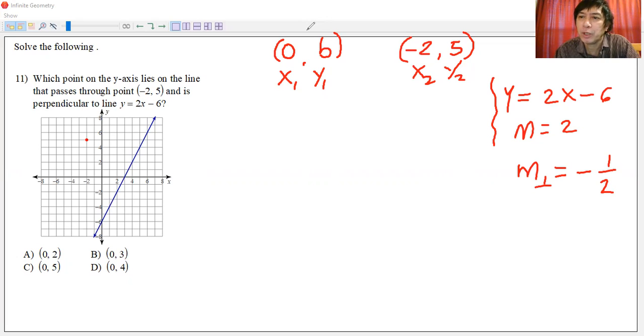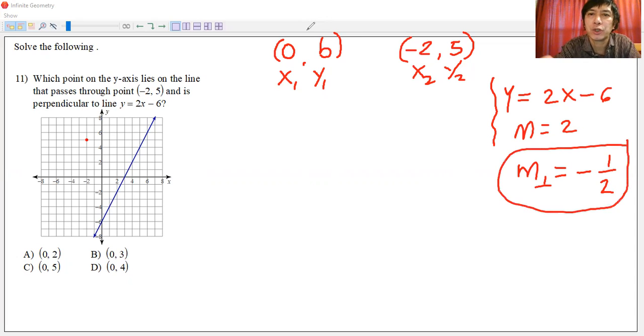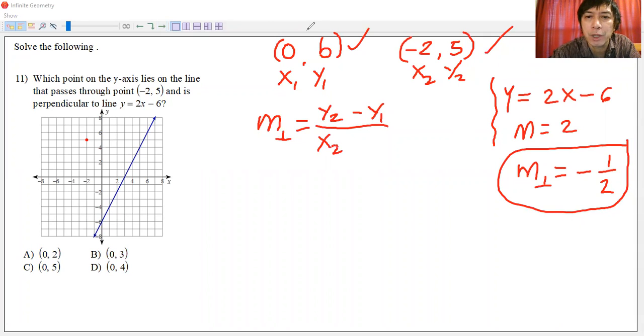So that would be it. This is the slope that we're going to use. We're going to use these 2 points and use the slope formula. We shall be able to find the required point along the y-axis. So the same formula, okay, y2 minus y1 over x2 minus x1, there.